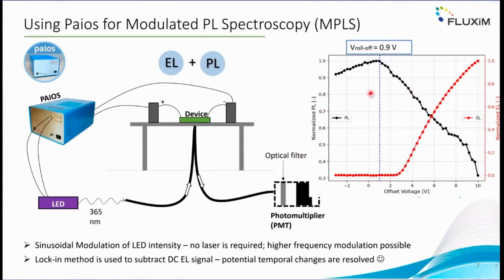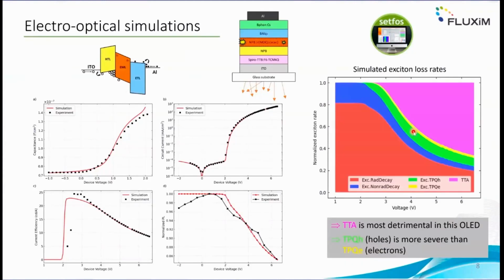And indeed, what we see here is the PL that is dropping below the turn on of the OLEDs. In the red curve is the electroluminescence turn on. So the proof of concept measurement works.